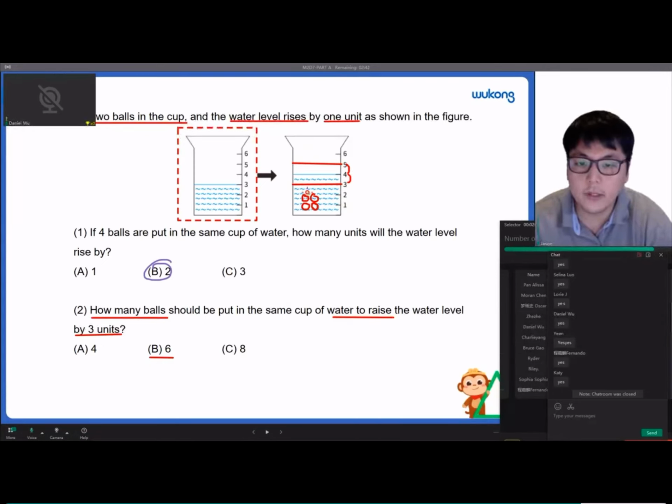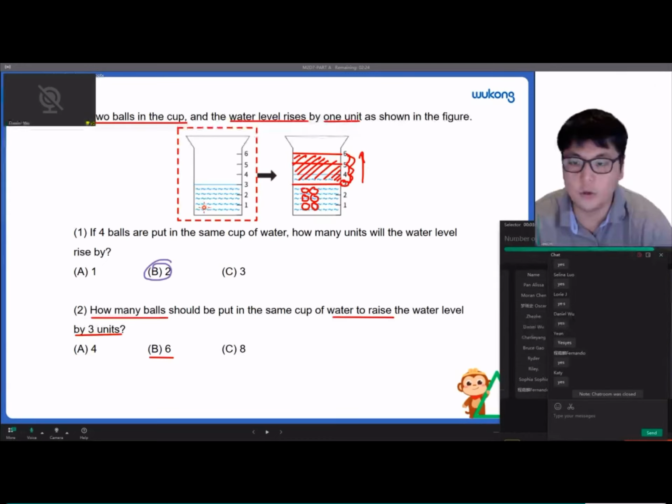Yes. So if we put 2 more balls, it will go up 1 more time. The water level will be at 6. If you look at this picture now, from number 3, we went 1, 2, 3 units up when we put 6 balls. So if you have 1, 2, 3, 4, 5, and 6, it will go up by 1, 2, 3. So this is the new water level.